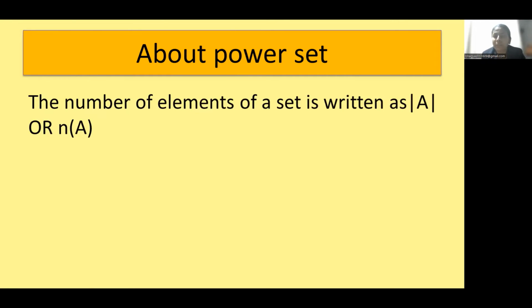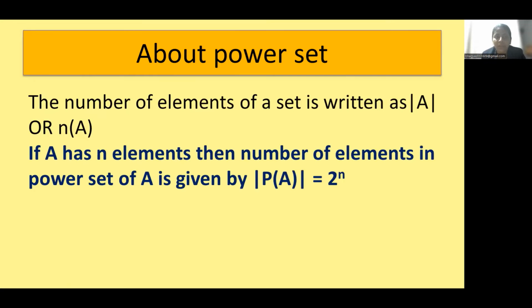If A has n elements, then the number of elements in the power set of A is given by mod of P of A is equal to 2 raised to n. म्हणजे बघा, A या सेट मध्ये जर n एलिमेंट असतील तर त्याच्या पॉवर सेट मध्ये 2 raised to n एवढी एलिमेंट असतात. ही जी नोट आहे ही खूप इम्पॉर्टंट आहे, एक्झाम्पल सॉल्विंग मध्ये तुम्हाला उपयोगी पडणार आहे.